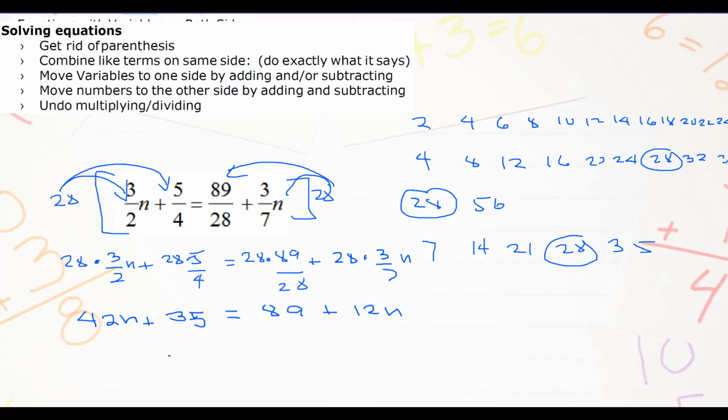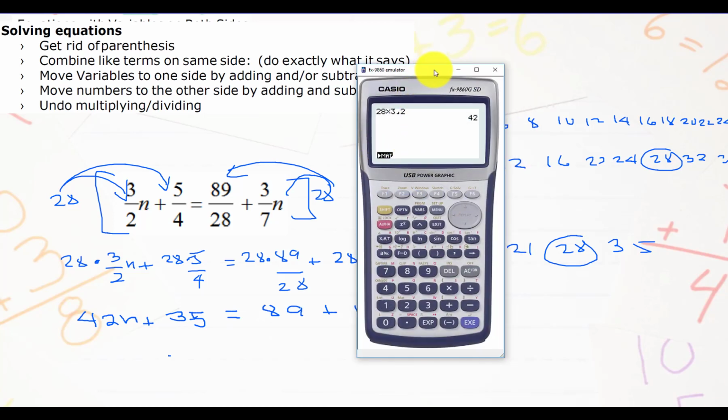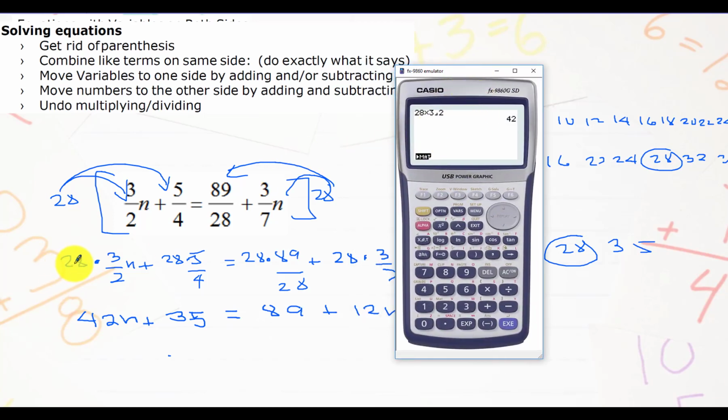Now to check our answer, let's use our calculator. So we'll have here 28 times 3 over 2, we will get 42n. 28 times 5 over 4 will get 35.